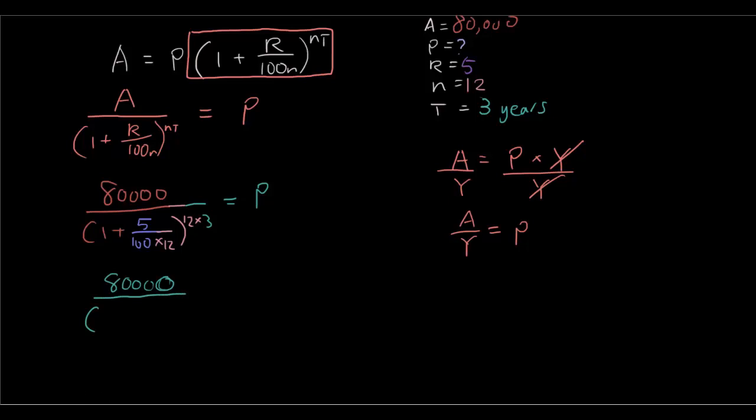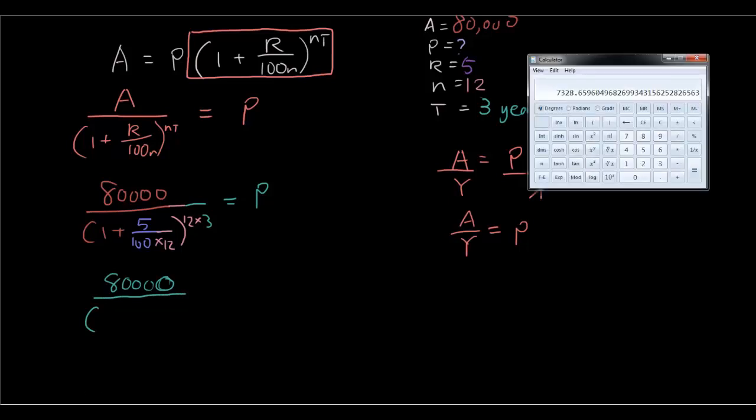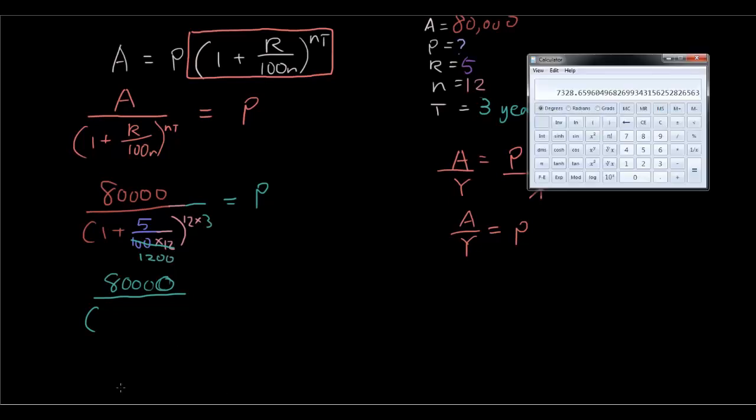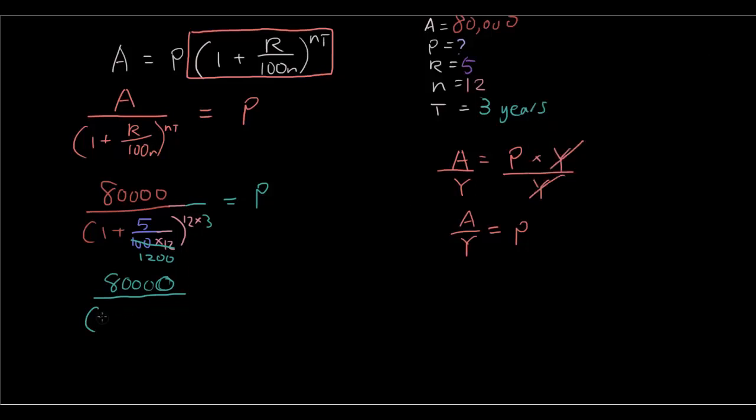So it's 1 plus, well actually this thing here is 5 divided by 1200 plus 1. So inside the bracket we have 1.00416666. And then 12 times 3 is 36, equals P.